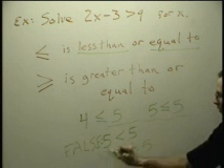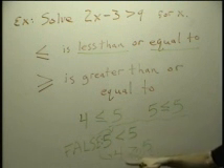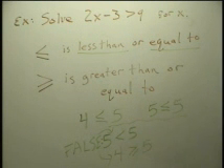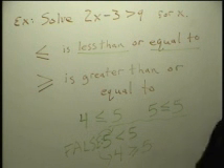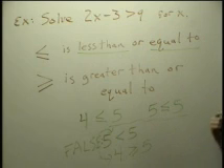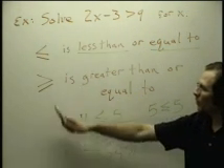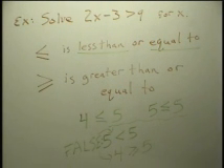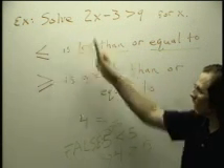This is also false because 4 is actually less than 5. Okay? So we've got less than, greater than, less than or equal to, and greater than or equal to. And is not equal to is also one that we're not going to deal with as much in this section. We're mostly going to focus on the less or the greater ones.